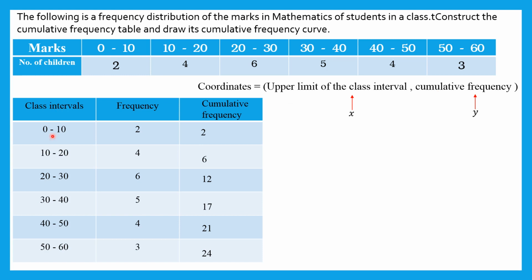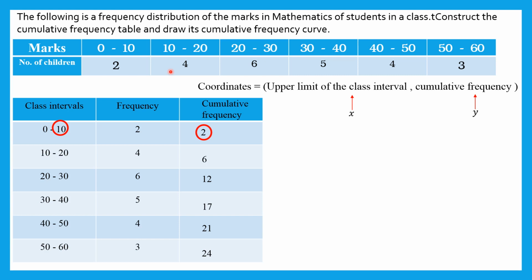If we choose this class interval, we have to pick this 10 as the x coordinate and this 2 as the cumulative frequency. Okay, now let's continue. By using that method we can find the corresponding coordinates of the points.